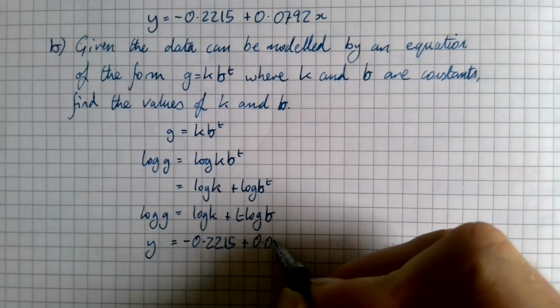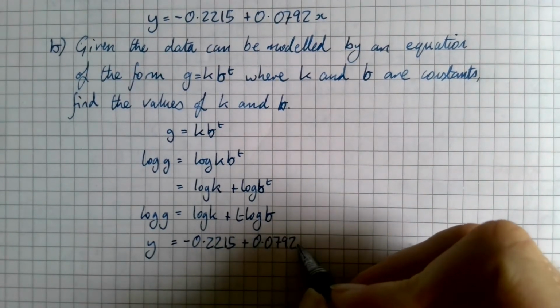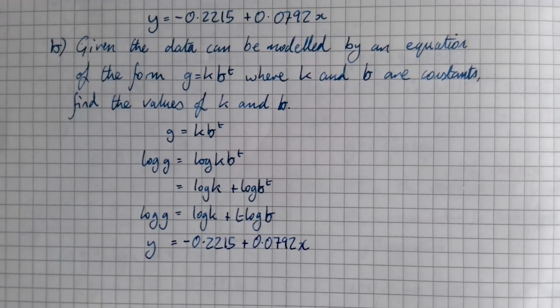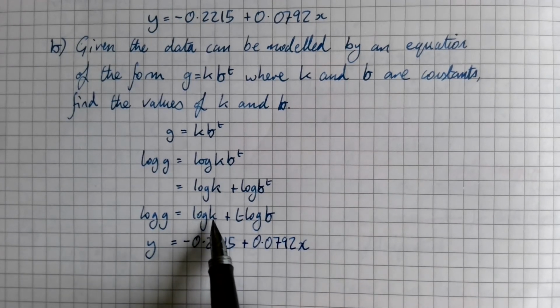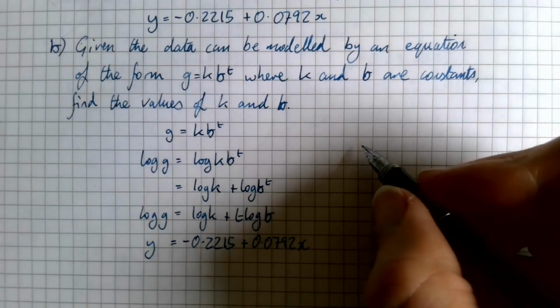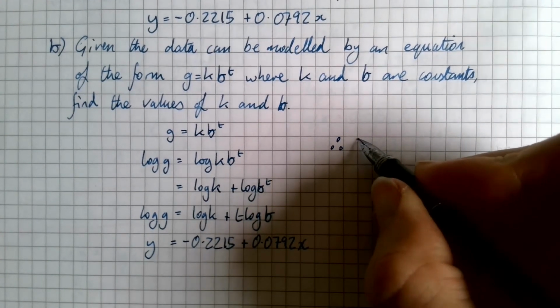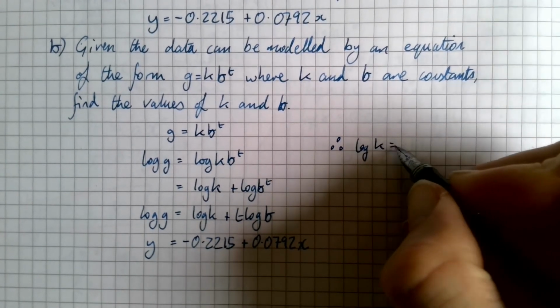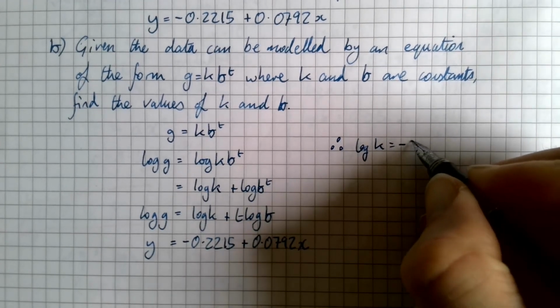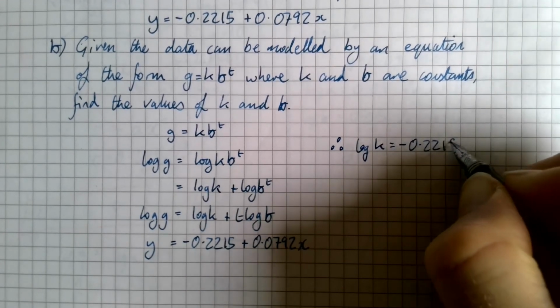because that's when it starts to become that little bit easier. First thing of all is, this is the easy part, the y-intercept, because that's always going to be this log here. So for the y-intercept, we know that that is log k. So I'm going to write that up here as I've got a bit of space. So therefore, log k is equal to negative 0.2215.